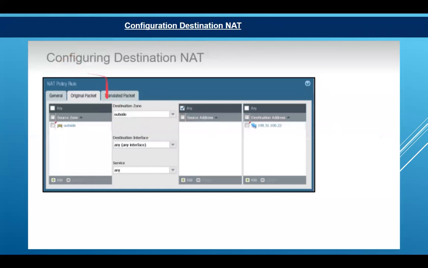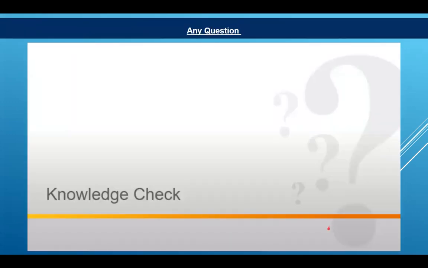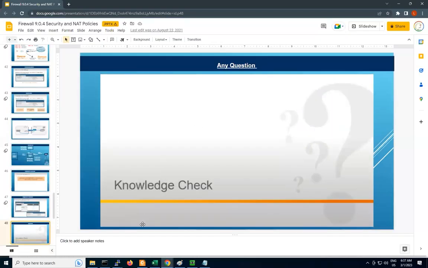So how to configure this? What is the source? This time, guys, we are receiving the request from untrust zone, right? Untrust zone to untrust zone, and what is the destination IP address? Here, our public IP address. And then we translate that public IP address with this 16.2, which is our LAN DMZ zone server IP address. So this one is the NAT.